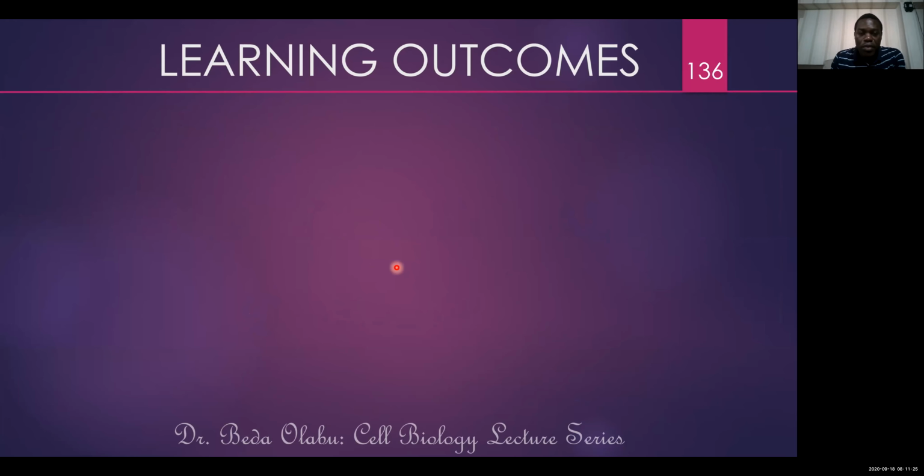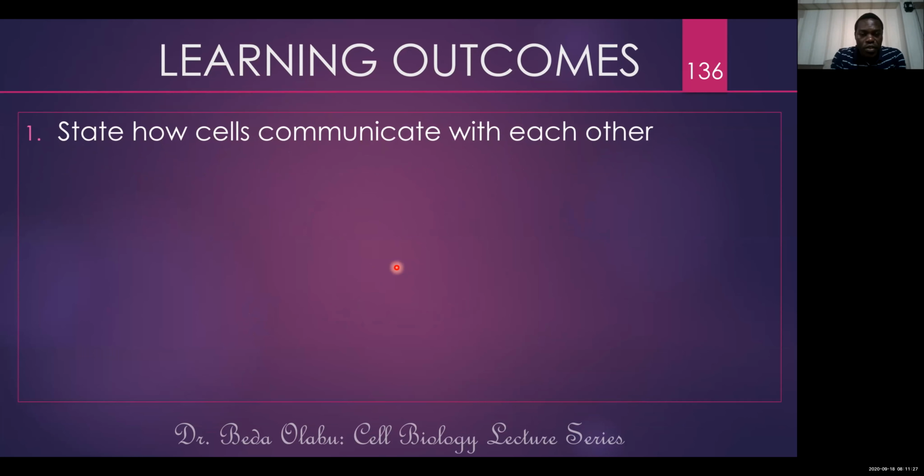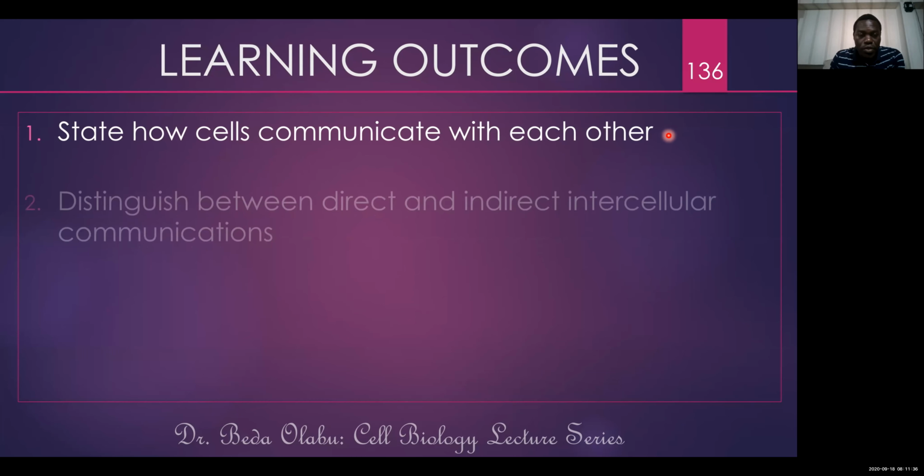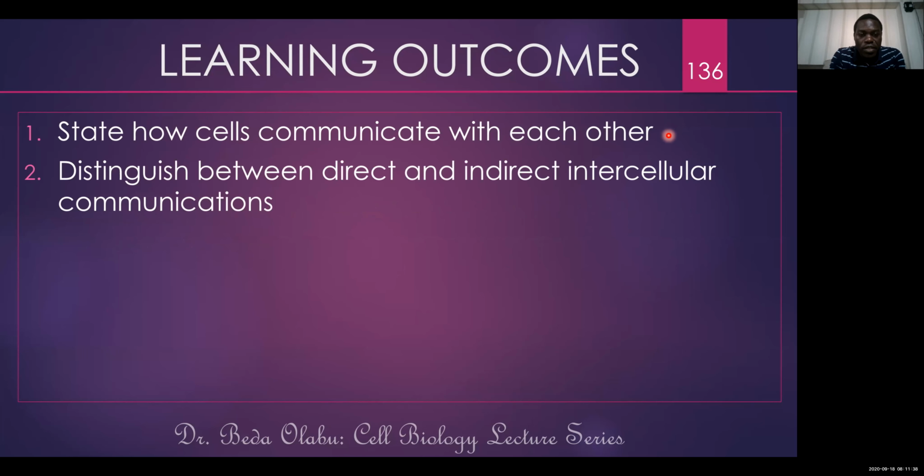In this topic, we are going to address the following things. We are going to state how cells communicate with each other. We are also going to see the difference between direct and indirect types of intercellular communications.